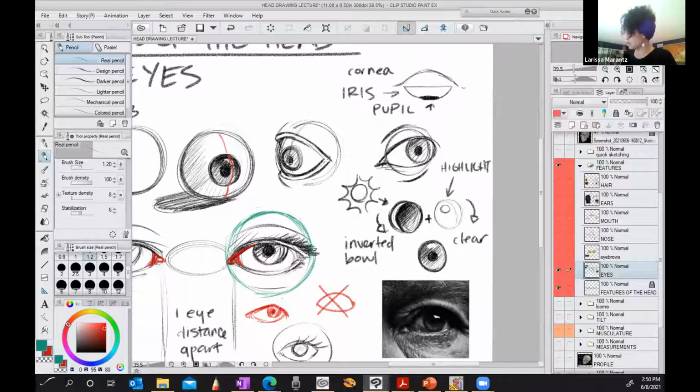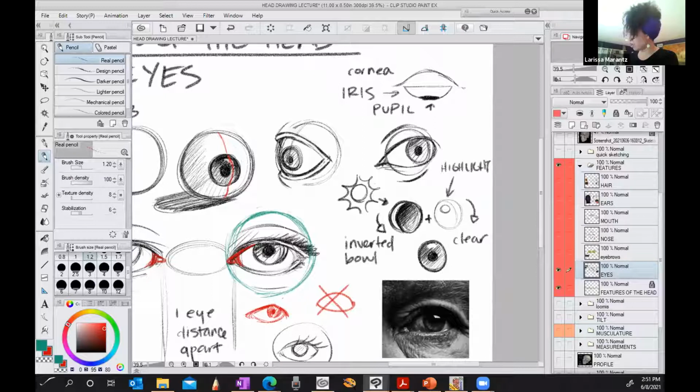So when you're creating the highlight and the shadows on the eye, which everyone likes to do, the sun or the light is coming from one direction, and as it hits the eye, the area that's closest to it is in shadow, because this is an inverted bowl, and this is the part that's not getting hit by any light.